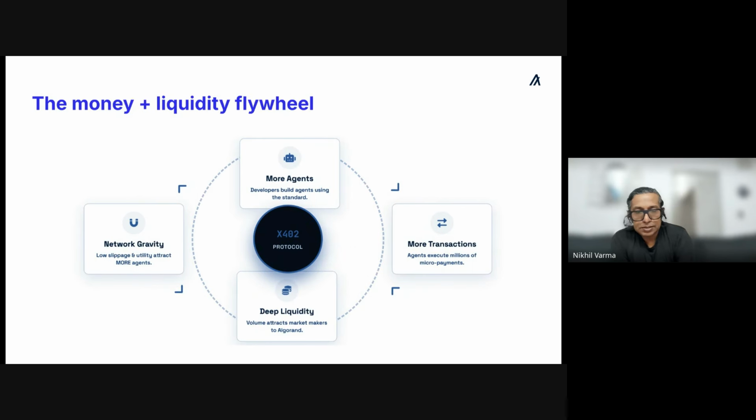So this powerful flywheel effect is what this would facilitate or create: you would be able to make more and more agents which would be able to take more micro payments. The number of agents that come on would add more liquidity. The more liquidity that we have, we will have less slippage, we'll have more gravity, and this keeps growing.